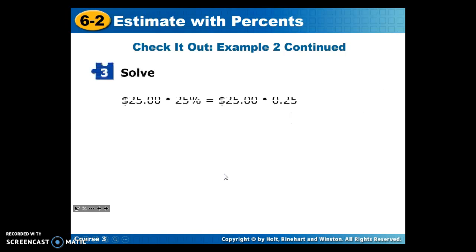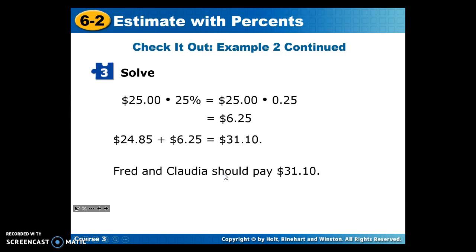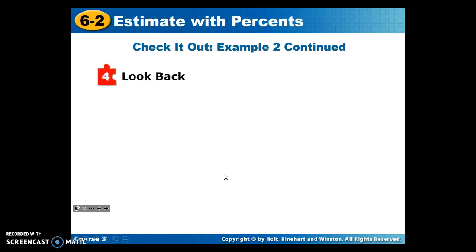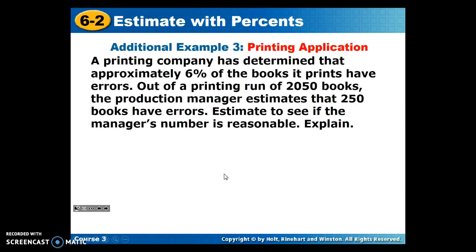So we're going to leave about 25%, so it's 2 halves. If you cut 25 in half twice, you get 6.25. Leave 6.25 on top of the first bill, 24.85, plus 6.25 is 31.10. Now this should make sense.